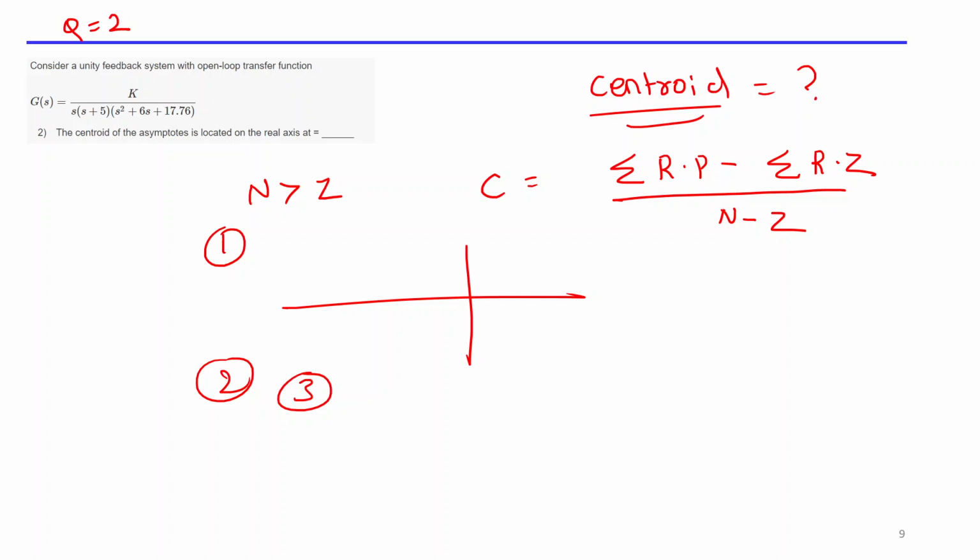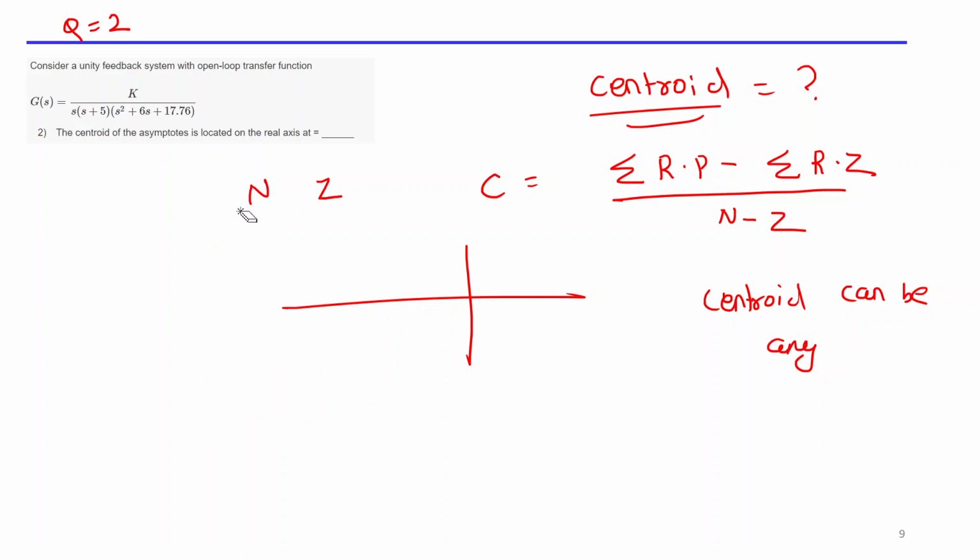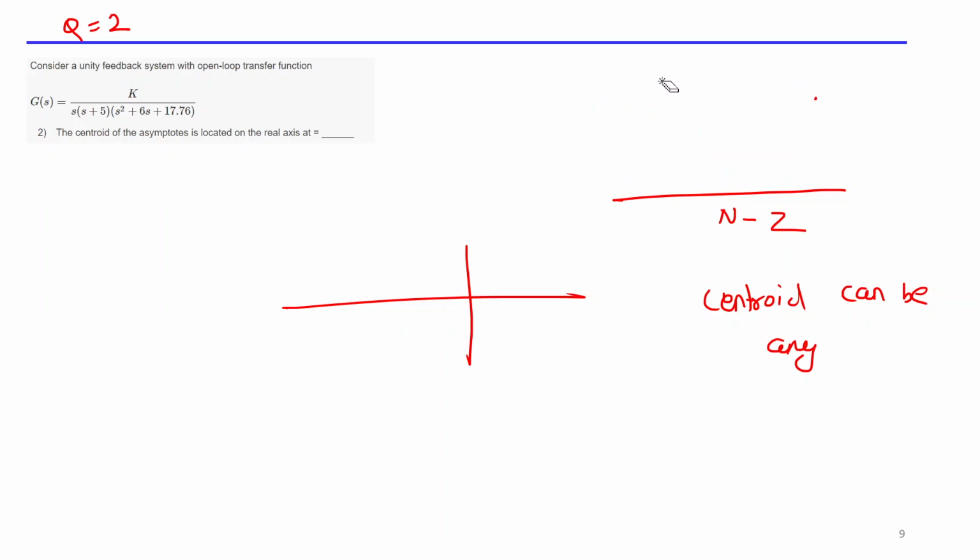No, it's absolutely not. The centroid may or may not lie on the root locus, depending upon the problem. It can be anywhere, so it does not necessarily always lie on the root locus. The purpose of the centroid is to find the angle of asymptotes, okay?